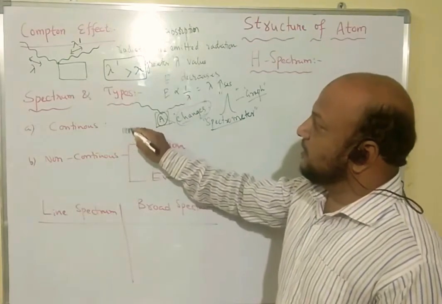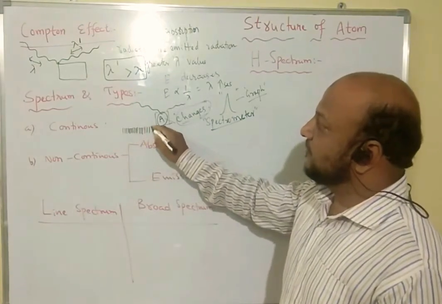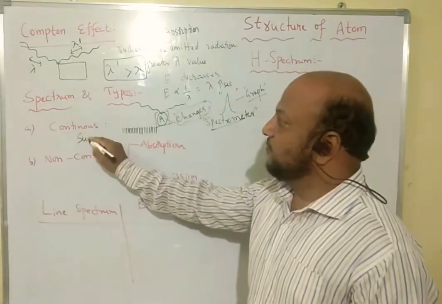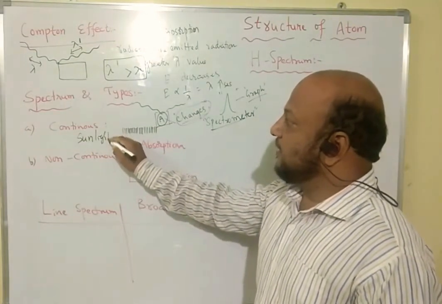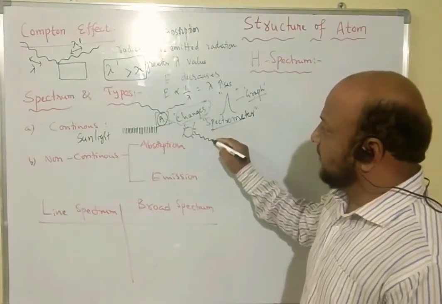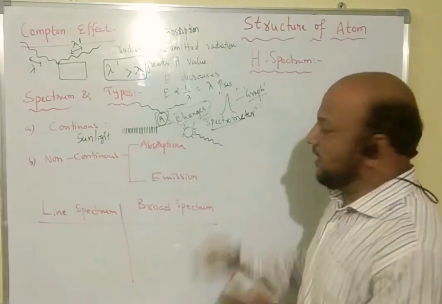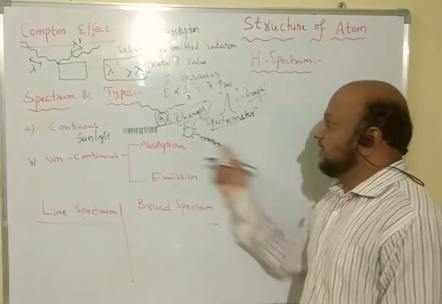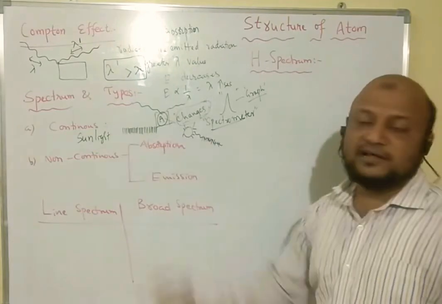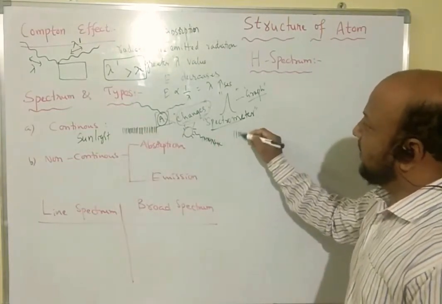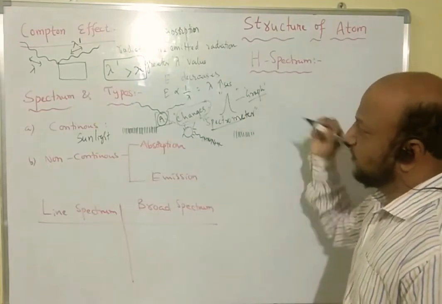For example, sunlight: the radiation from the sunlight is emitted completely, without any breakages. That is called a continuous spectrum. In the spectrum, we observe the lines continuously.